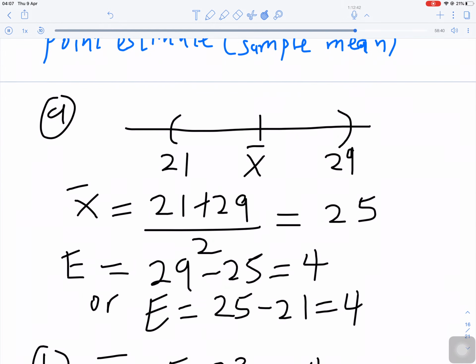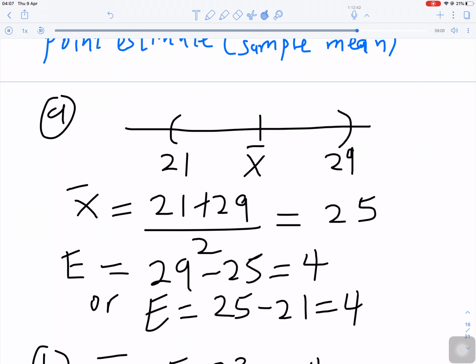So how do we find the middle value? That will be the sum of 21 and 29 divided by 2. So our x bar actually is 25. Our sample mean is 25. All right. With that said, we want to find our margin of error.